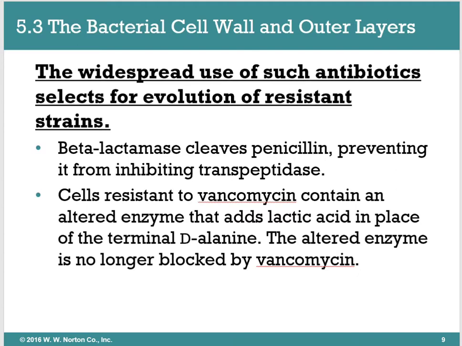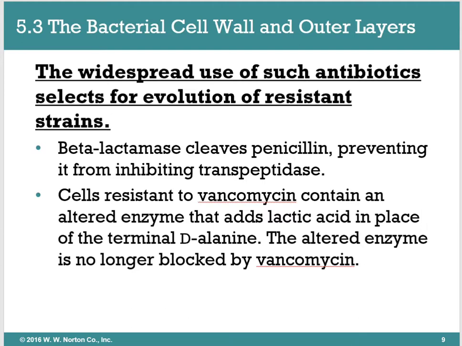So, like I said earlier, the widespread use of antibiotics can evolve resistance within a strain. So there's specifically resistance in the cases below. Beta-lactamase specifically cleaves penicillin. So the beta-lactamase is made by the bacteria and it cleaves the penicillin.